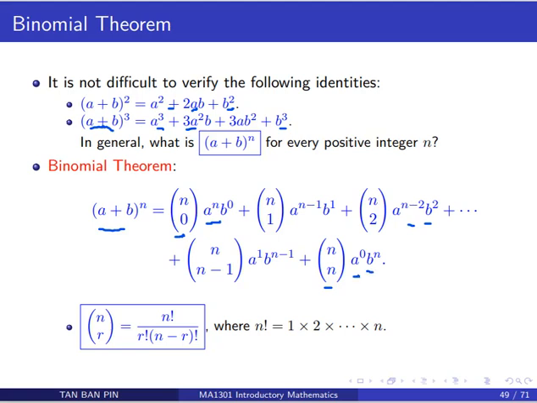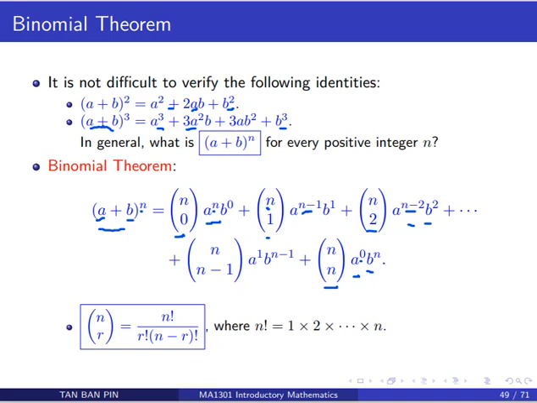The pattern is you write down n choose 0, n choose 1, n choose 2, until n choose n. a is the front term, b the back term. The front term starts with power n, and you decrease the power: n, n minus 1, n minus 2, until power 0.